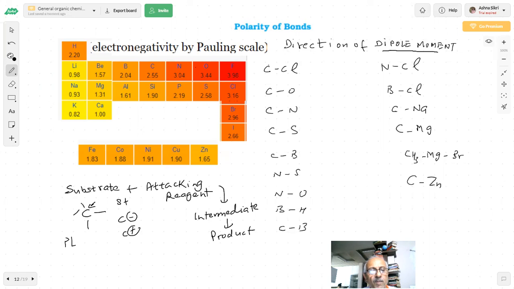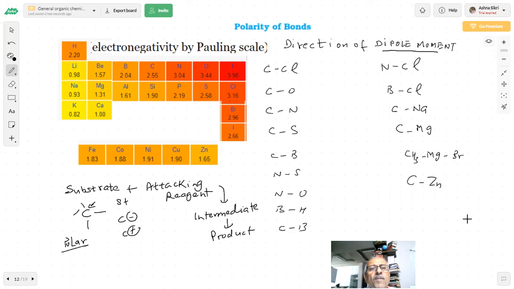Polar means two different elements; carbon-carbon is not polar, but if I join carbon and Cl, it will become polar, depending on the electronegativity. Here I have given values according to the Pauling scale: hydrogen 2.2, lithium 0.98, beryllium 1.57. It keeps increasing. Fluorine is most electronegative, about 4.